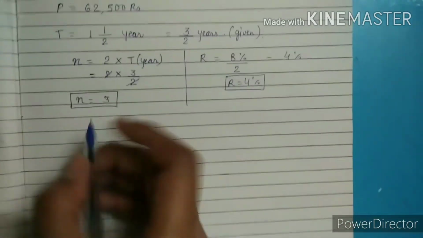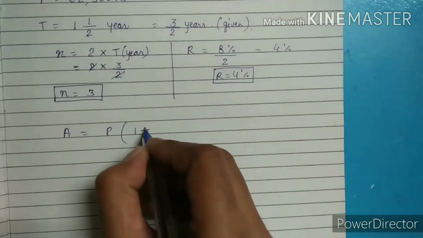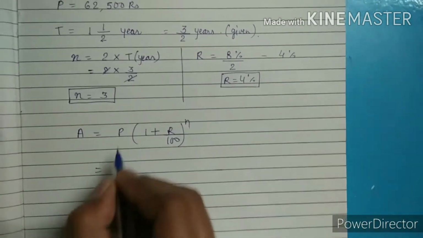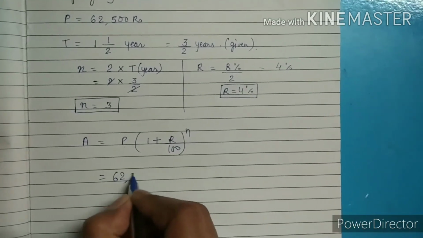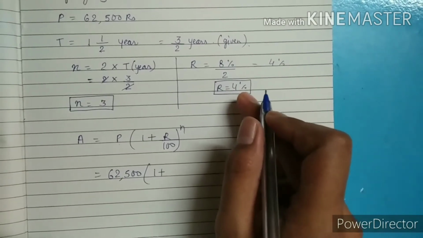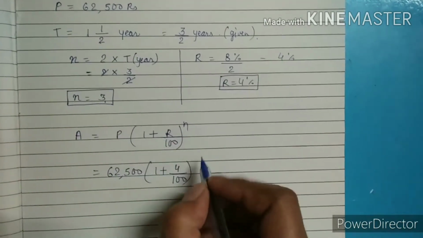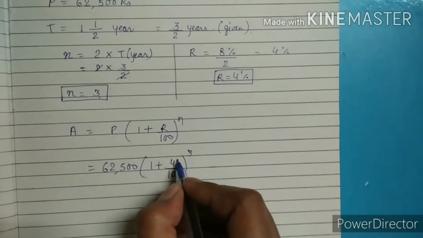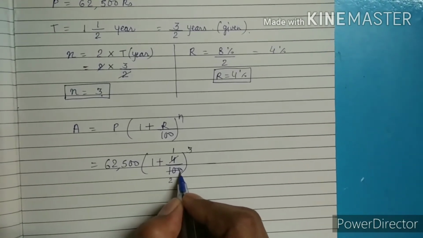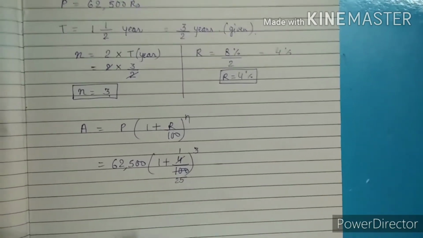Now we have to take amount and compound interest. P multiplied by 1 plus r by 100 whole power is n. Principal amount is 62,500. 1 plus, now r value will go as 4, because interest is compounded half yearly, and n value is 3. 4 1 is 4, 4 2s are 8, remaining 2 will go near to 0, it will become 20, and in the table of 4, 20 comes 5 times.